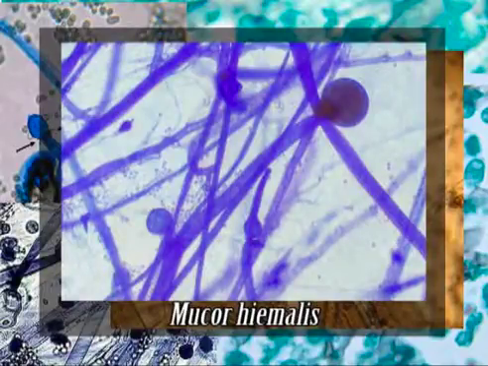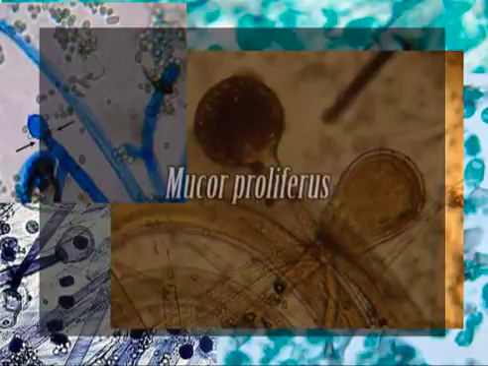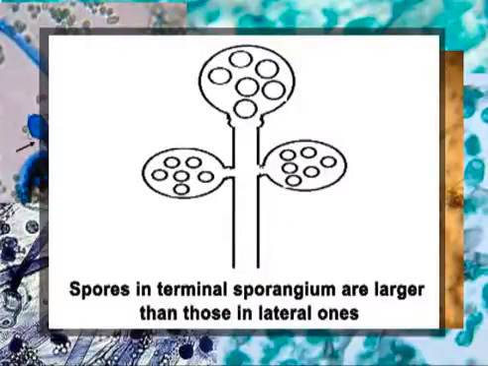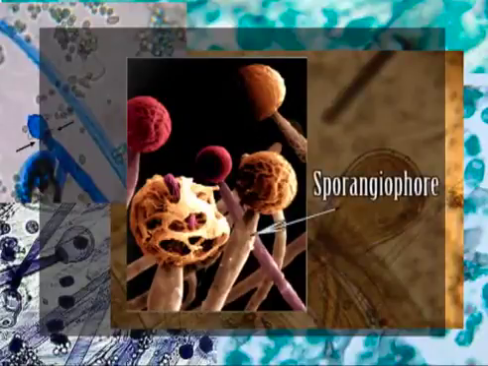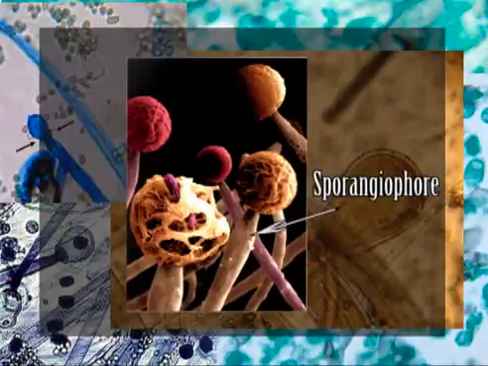All the spores are almost of the same size, but in Mucor proliferus, the spores formed in the terminal sporangia are larger than those produced in the lateral sporangia. When the sporangia are mature, the sporangiophores may be seen as coarser, blunt-tipped aerial hyphae growing away from the substratum.